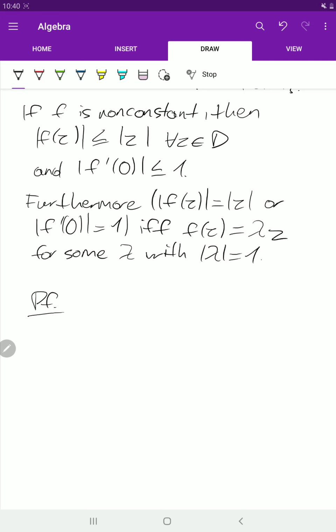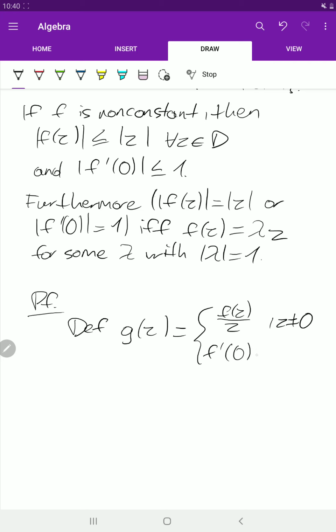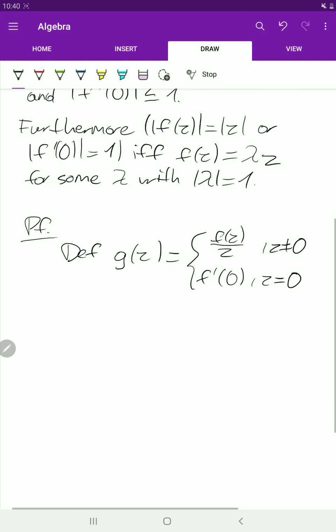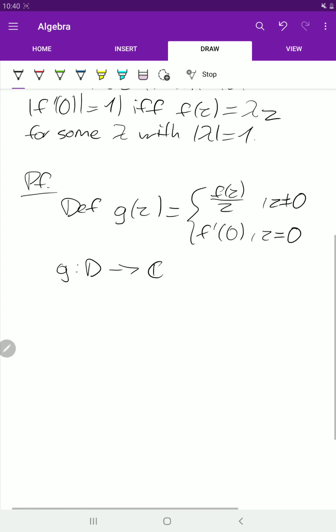Okay, so let's prove it. So at first we define the function g. We define it like this: f of z divided by z, if z is non-zero, and f prime of 0 if z is 0, and of course g now goes from D to the complex numbers.